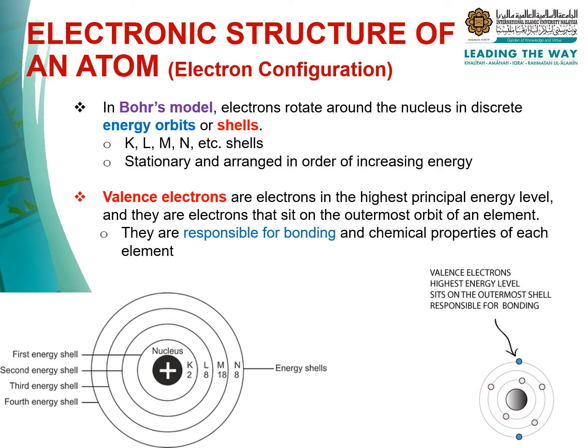These energy shells are stationary and arranged in order of increasing energy. Electrons in the highest principal energy level, those that sit on the outermost orbit of an element, we call the valence electrons. They are responsible for bonding and the chemical properties of each element.